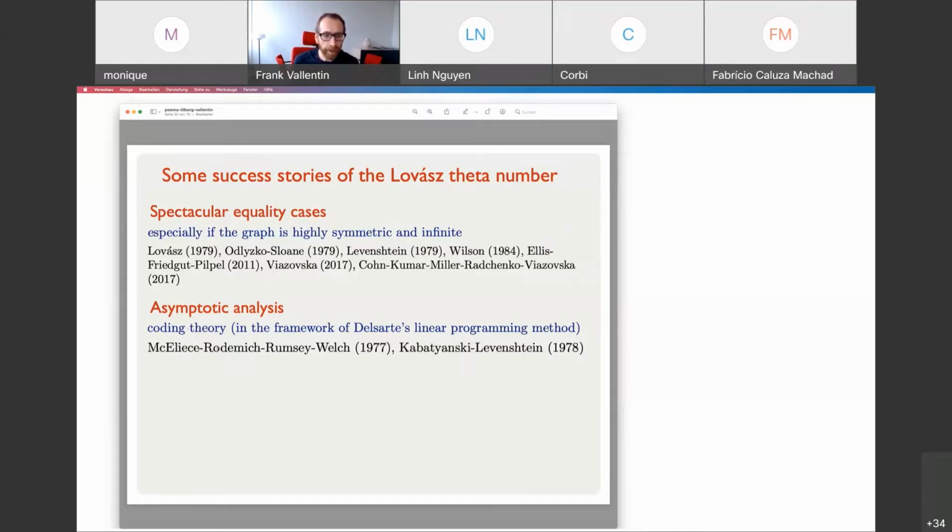Then there are results by McEliece, Rodemich, Rumsey, and Welch, who worked out bounds for the asymptotics of the theta number for binary codes. And then there is a similar result by Kabatiansky and Levenshtein, who proved asymptotic bounds for the theta number for the case of spherical codes or for sphere packings. Also, David was talking about these bounds yesterday.